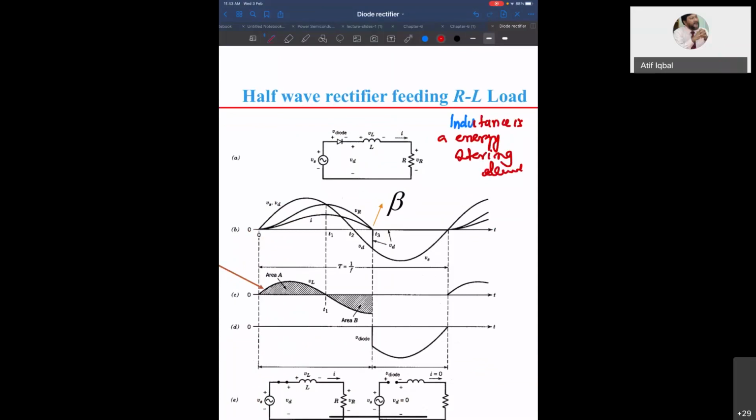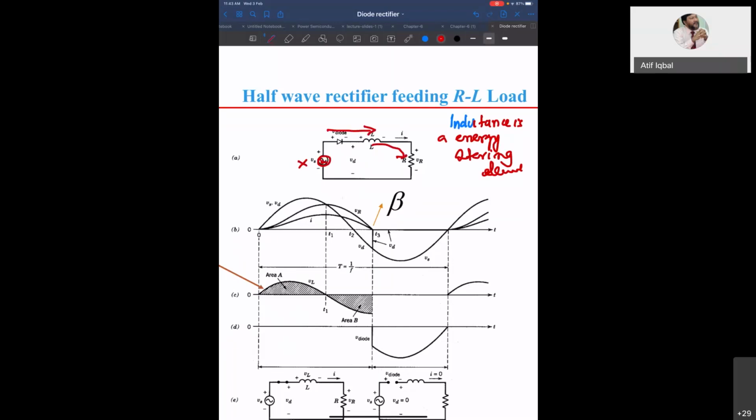When the source is supplying current to the inductor, it will store energy, it will charge the inductor, and once the source is not available, the inductor will discharge the energy.